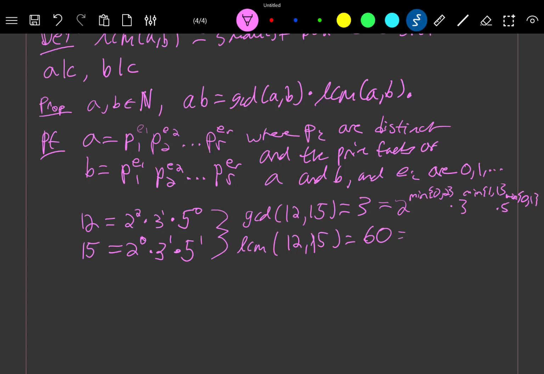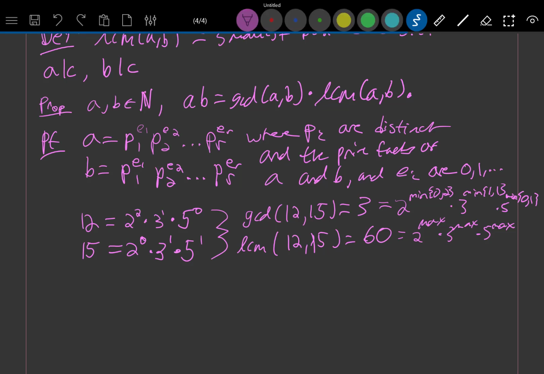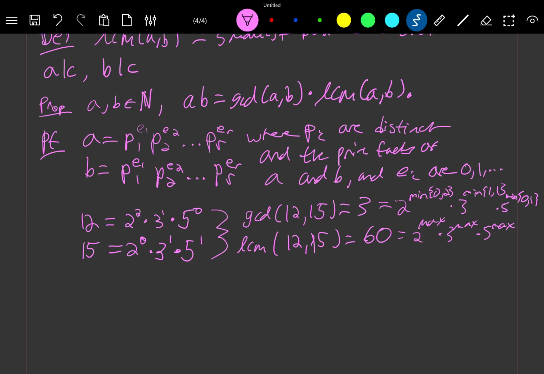And similarly, the LCM is raised to the max: 2 to the max times 3 to the max times 5 to the maximum. And this is kind of how you can get this. So that's kind of the claim.